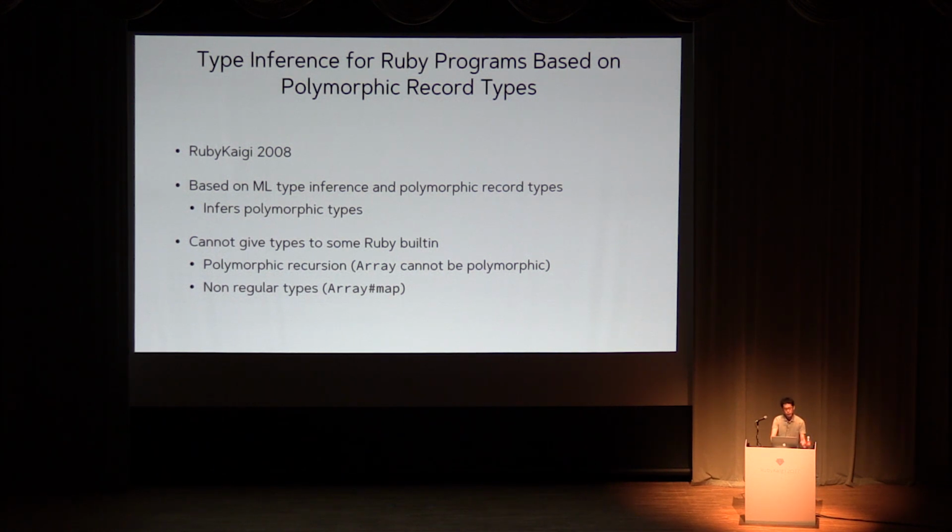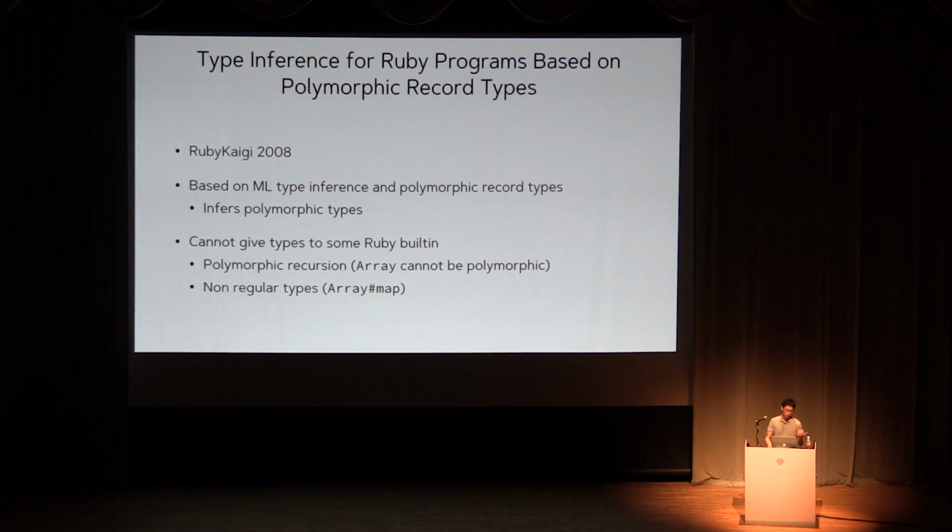The limitation is that it cannot give types for some of the built-in methods and classes of Ruby. Because it doesn't give types for string or integer, the implementation cannot type check any Ruby program.